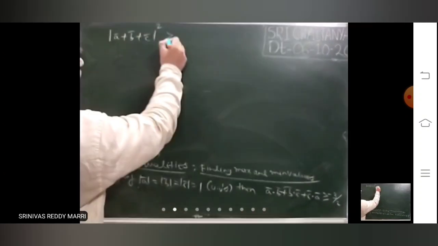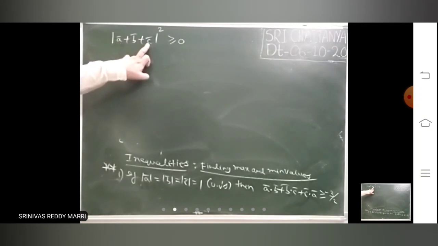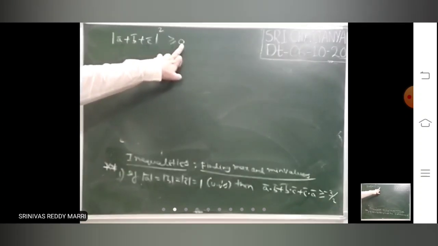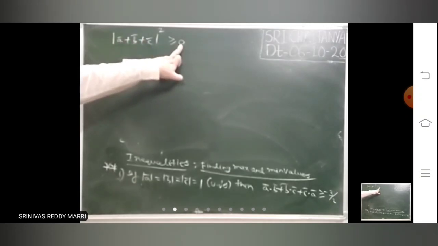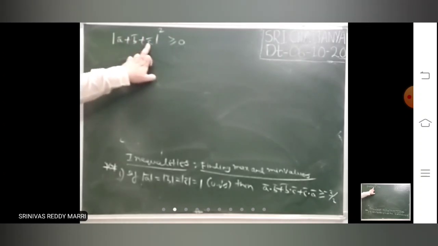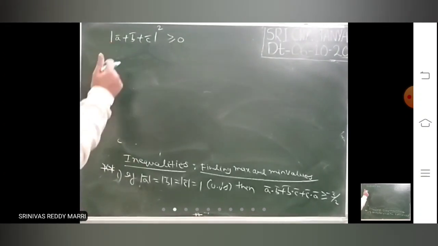This will be greater than or equal to 0. This will always be the magnitude of the vector, so it will always be greater than or equal to 0. When the sum of the vectors is 0, it will become 0. Otherwise, this whole square is positive. This sum can be 0 also. If the resultant is 0, this modulus will become 0. Otherwise, greater than 0.